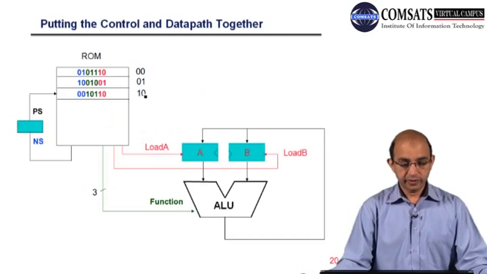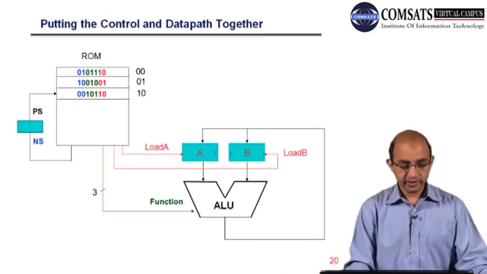So here we have put the control and the data path all together. You can see we have the control, and then we have the data path. Control is being provided by those sets of instructions, and these are the data paths. You can see that we have different lines, and different feedback is also available here.